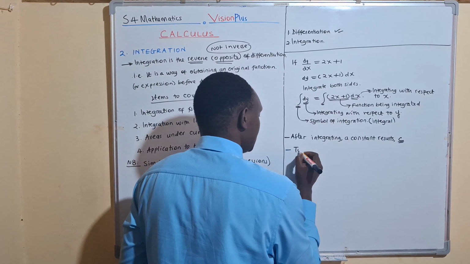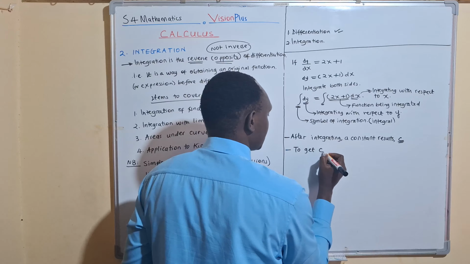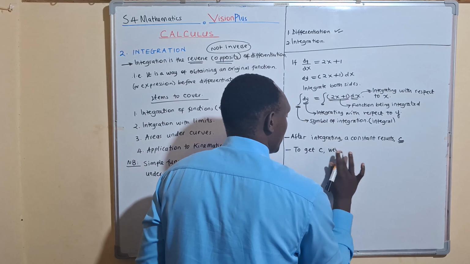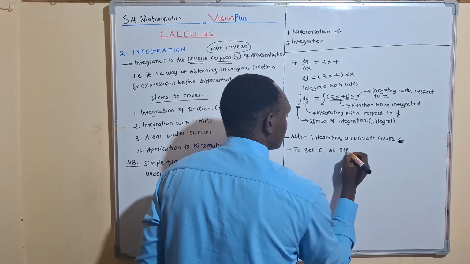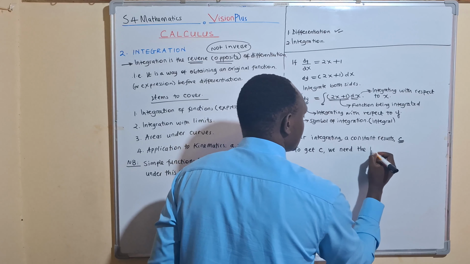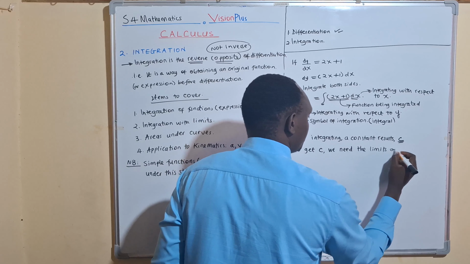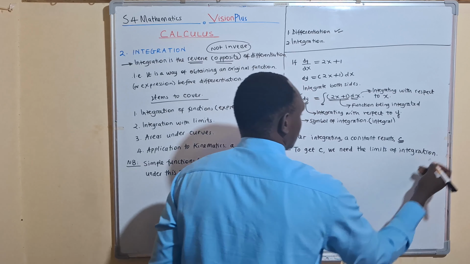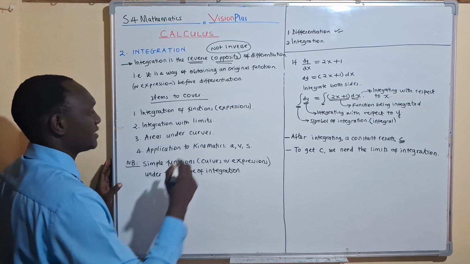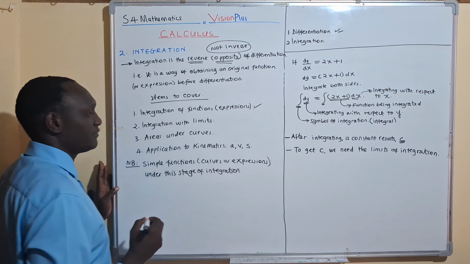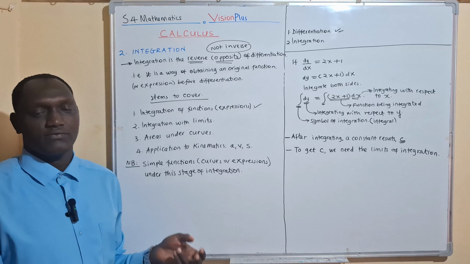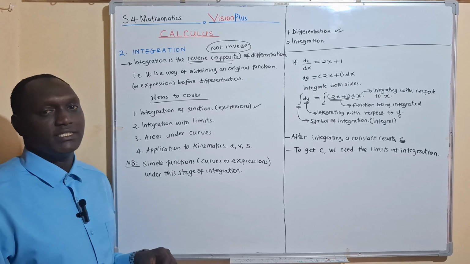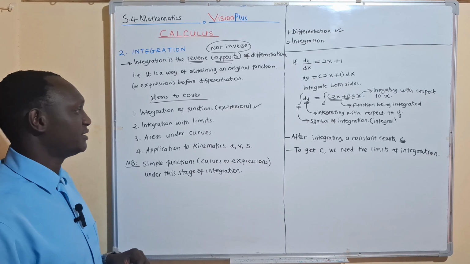To get the constant C, we need the limits of integration. This means that in the first case here, when we don't have limits, we shall not know the value of C. In other words, we cannot tell which value was differentiated to 0 under differentiation.